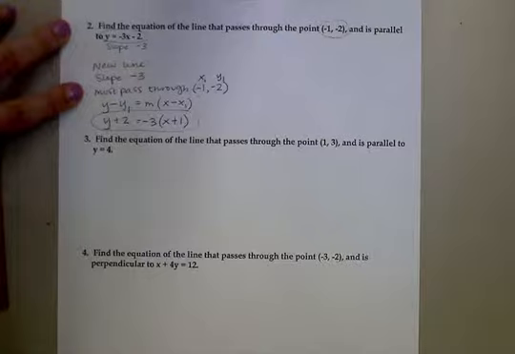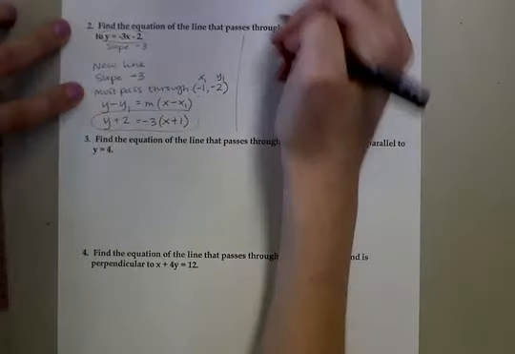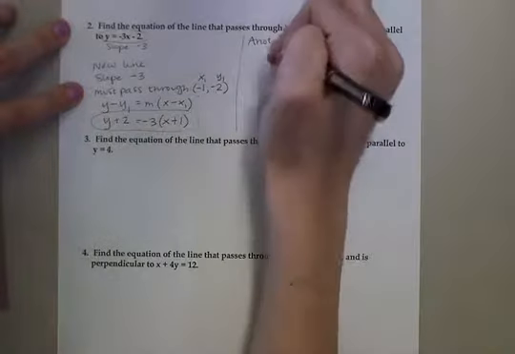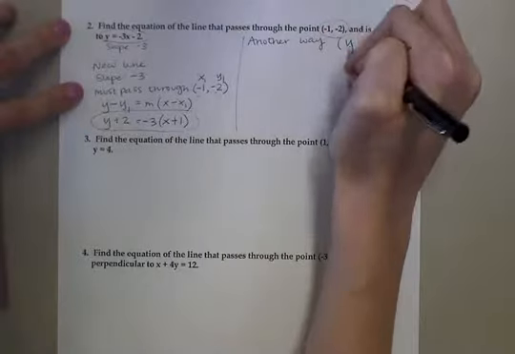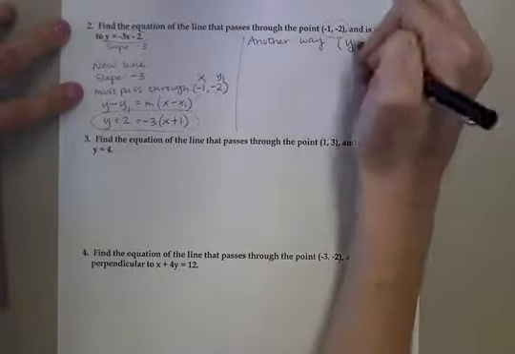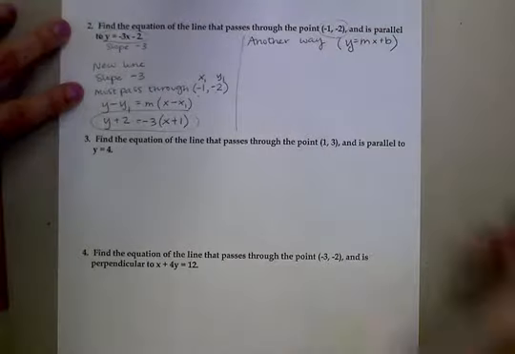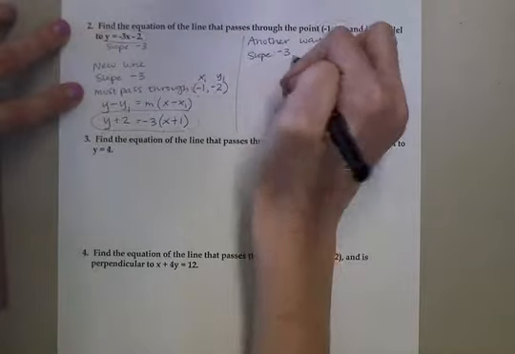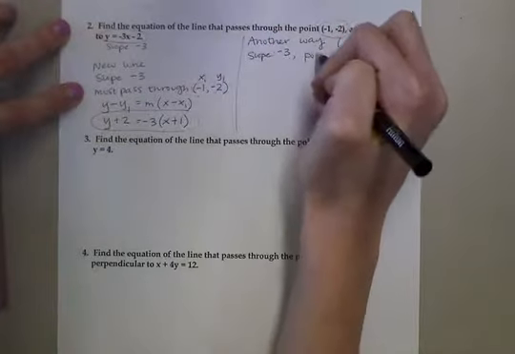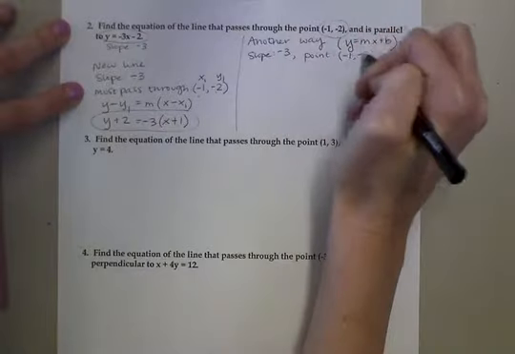Now, if you're not as comfortable with point-slope form, you could also use the slope-intercept form. So here's another way. Using your slope-intercept form, y equals mx plus b. Now, remember we want our slope to be -3, and we want our point to be -1, -2.